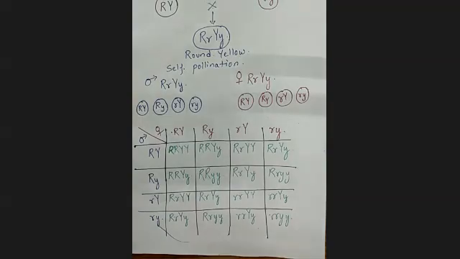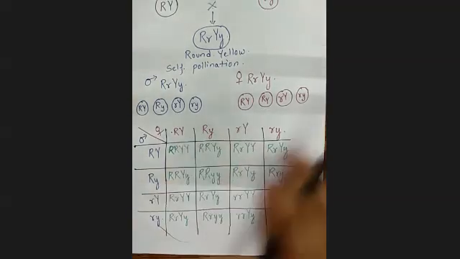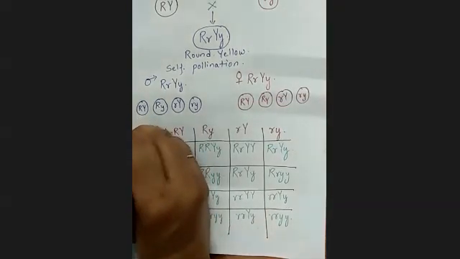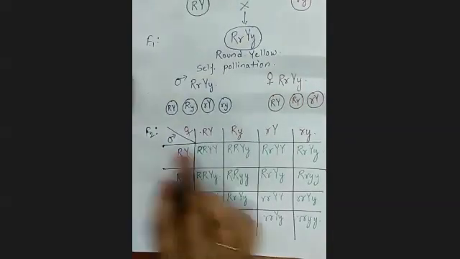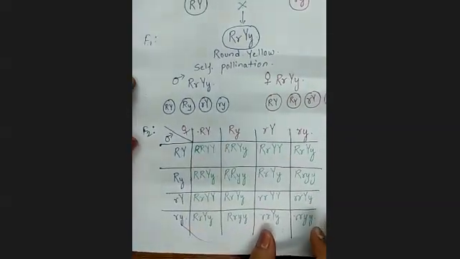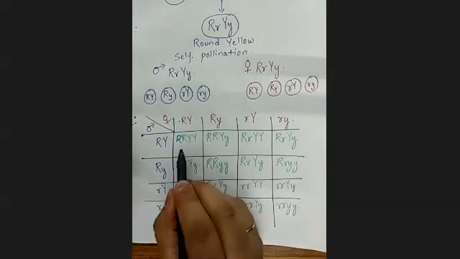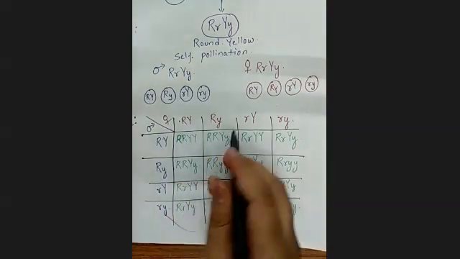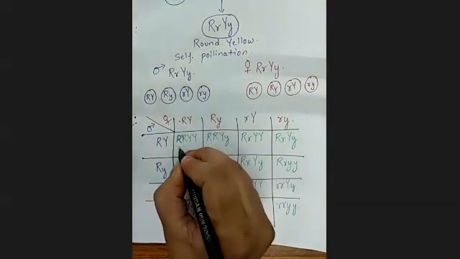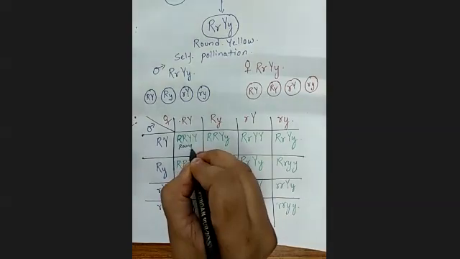Yes, ma'am. So this is what the F2 generation he obtained, and now go for the physical characteristics. Wherever the dominant ones are present, this type of plant were round and yellow.